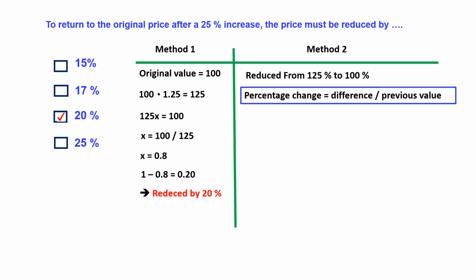It means the difference is 25, and the previous value in this case is 125. 25 divided by 125 equals 20%.